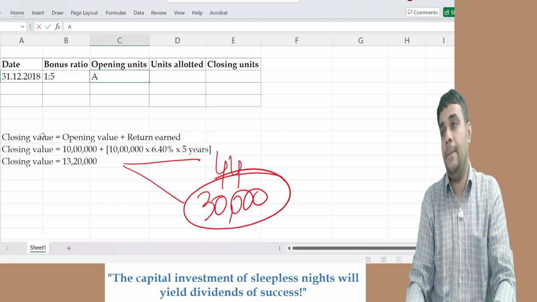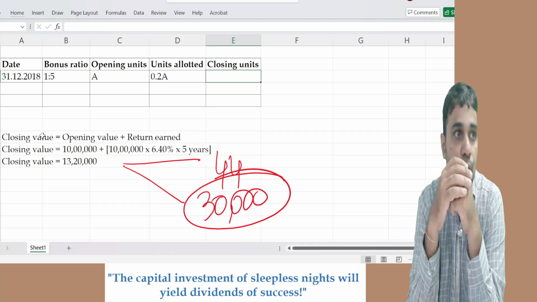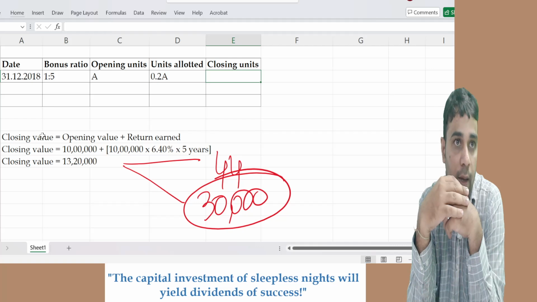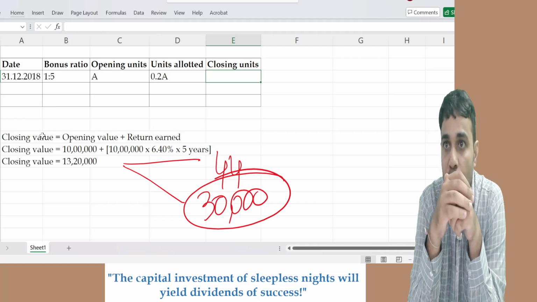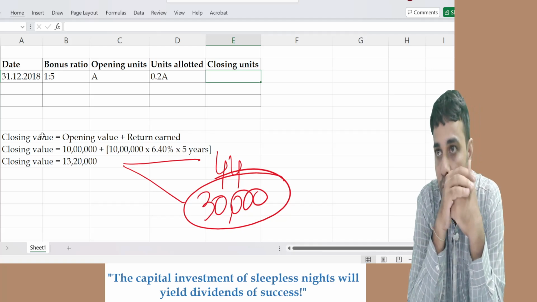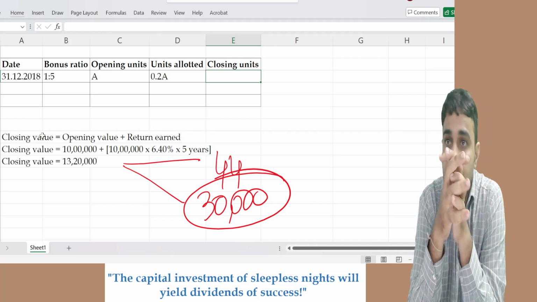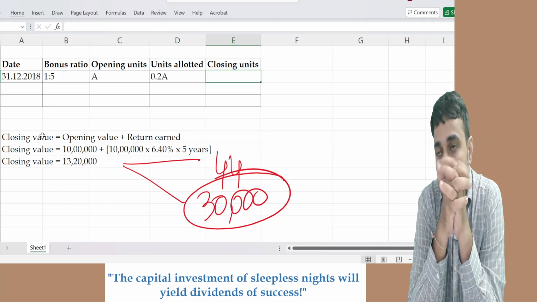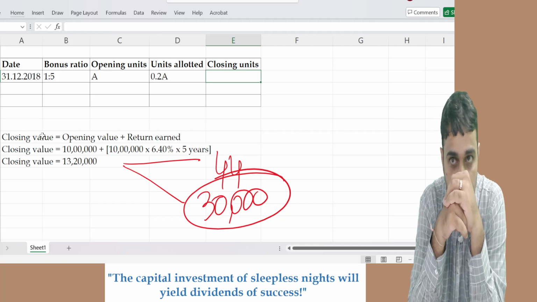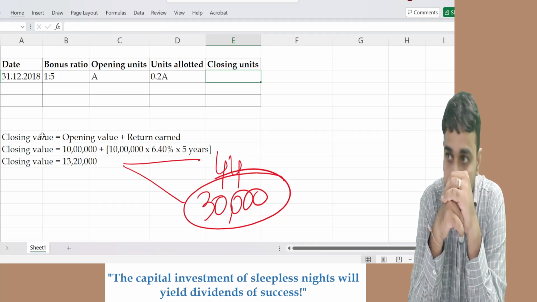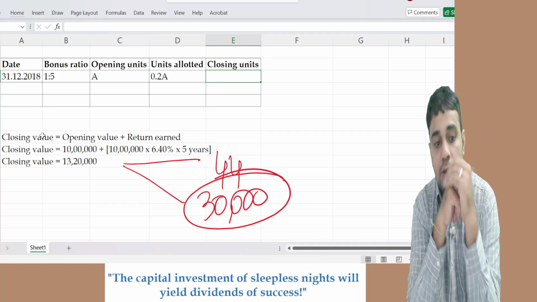Opening units A, units allotted 0.2A, 1 by 5. A plus 0.2A, 1.2A is equal to 30,000.